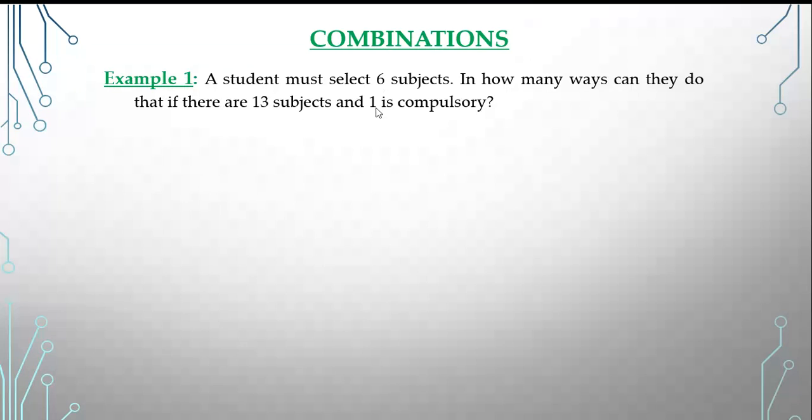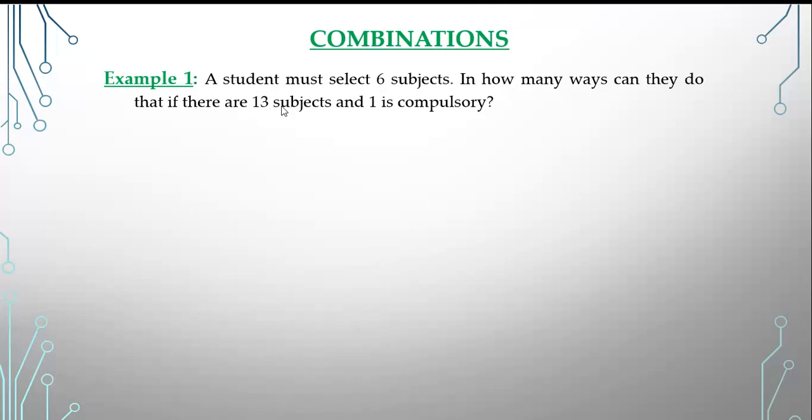A student must select six subjects. In how many ways can they do that if there are 13 subjects and one is compulsory? So what do we use here? It says the student selects six subjects out of 13 subjects, right? It is not given which subjects he chooses.